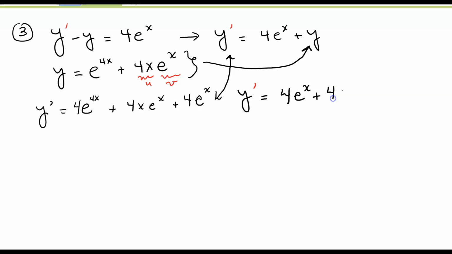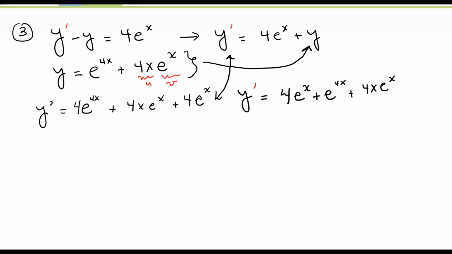So we write it all out. 4e to the 4x plus, I'm sorry, that's not correct. Y is 4e to the x plus e to the 4x plus 4xe to the x. And now we can check off term by term to see if it matches.